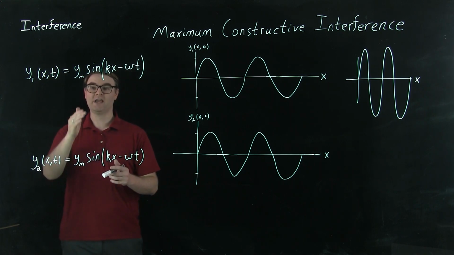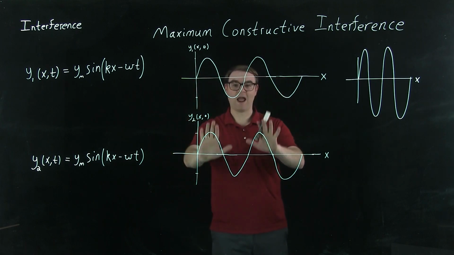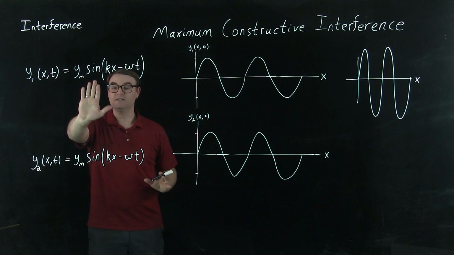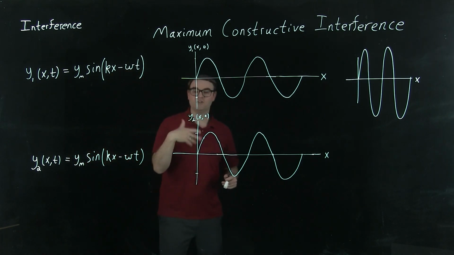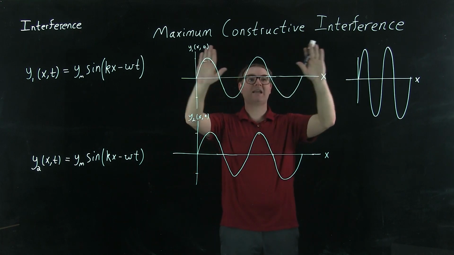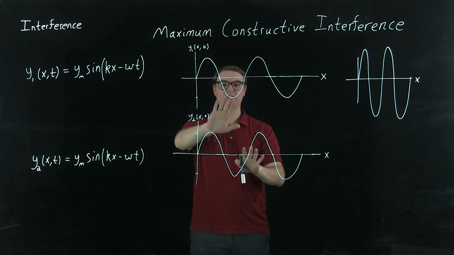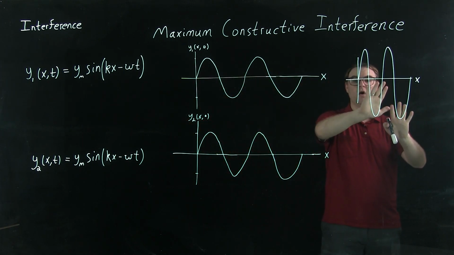Because they're the same, you're going to get 2 times the whole equation. So we can do this addition graphically to get a picture like this, and we can do this addition symbolically to get a final equation. Now this, as you might have guessed, is an example of maximum constructive interference. There's no way that I can orient these two waves to get a bigger resulting wave over here.